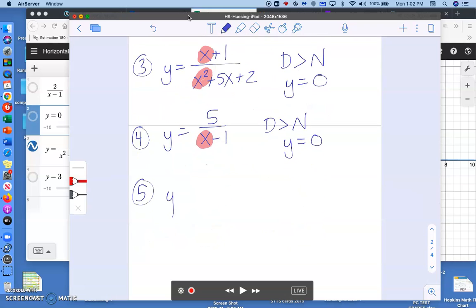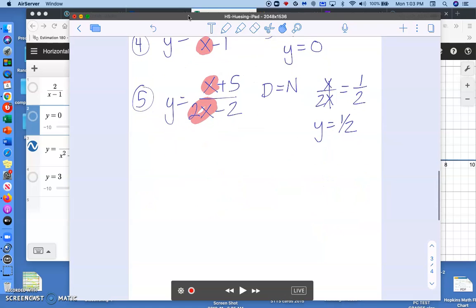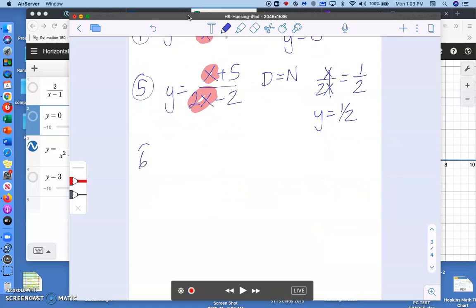If we had y equals x plus 5 over x minus 2, maybe I'll make it 2x minus 2, we'll notice they're the same degree, so the numerator equals the denominator, so it's x over 2x, and it's those leading coefficients, so it'd be at y equals 1/2. And let's take a look at one more.